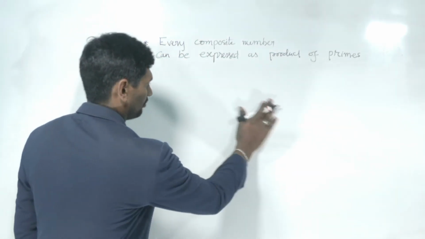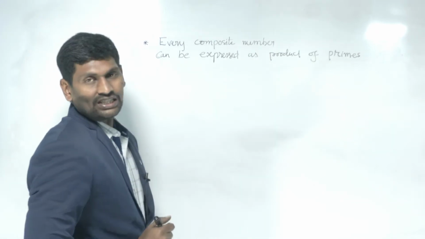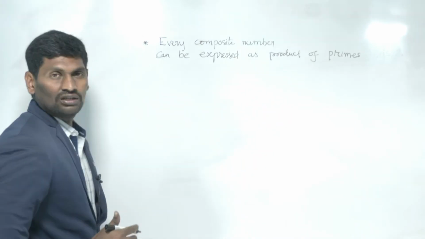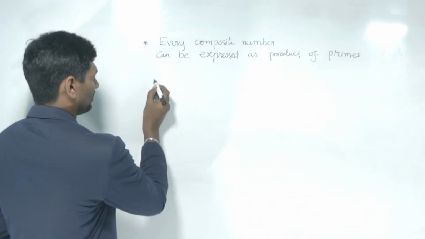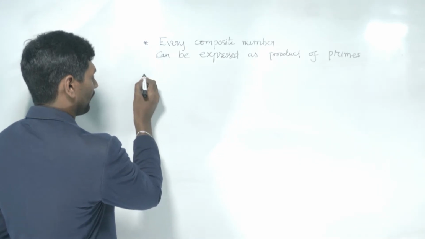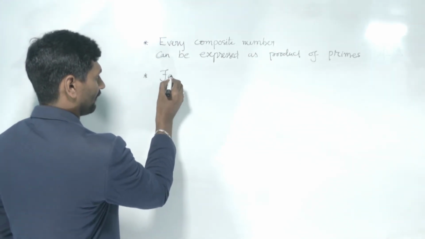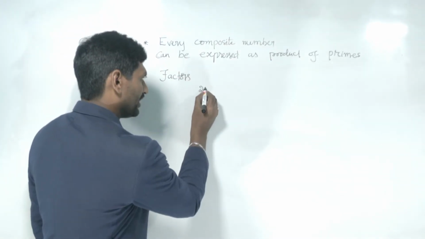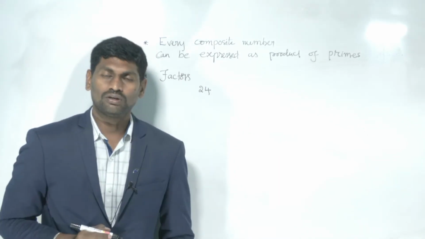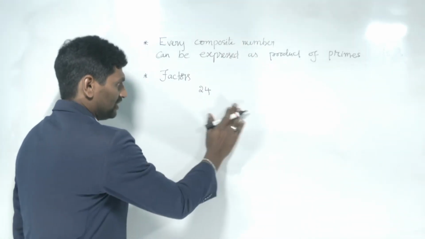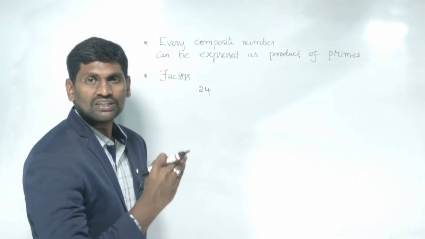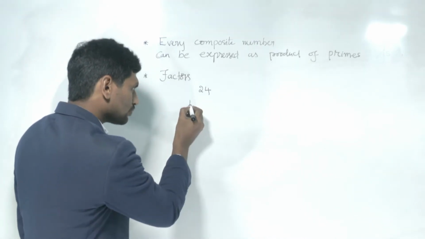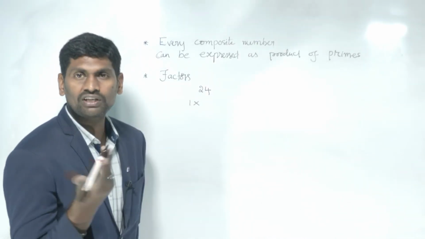Right. Now we'll discuss the factors of some numbers. For example, factors of 24. We already discussed what is a factor and what is a multiple. Now 24 will come in which tables? One table obviously, because one is a common factor for every number.